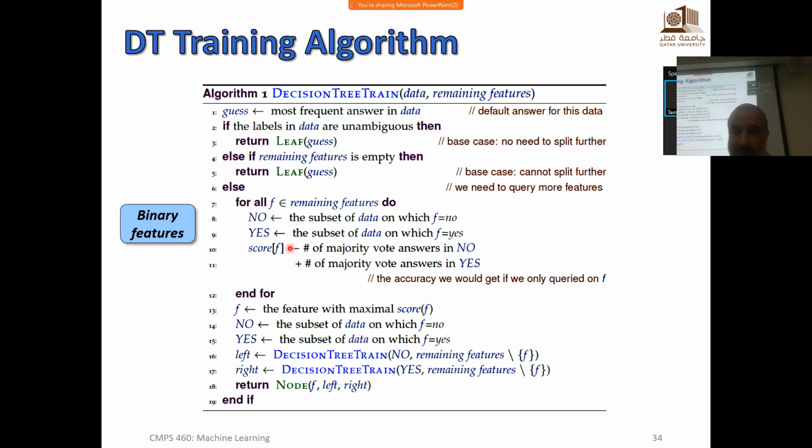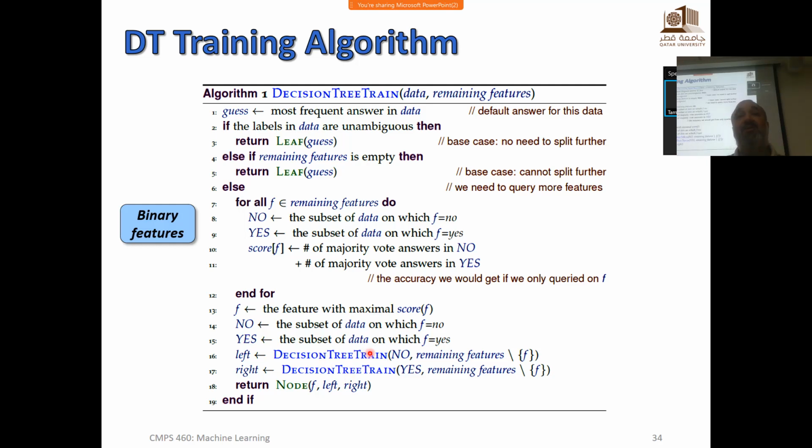So we compute the score, which is the majority vote in no and the majority vote in yes, and then we pick the best feature, and then we split the data. We split the data on that feature, and we continue building the tree from that point. Remember here we have binary features, so we have two subtrees, right? Because we have two values. So for each value, we'll have to continue the tree.